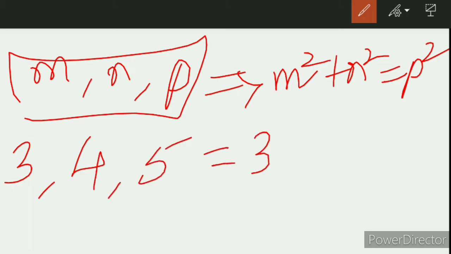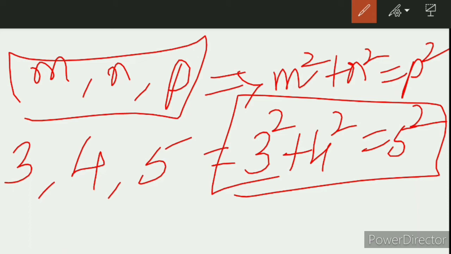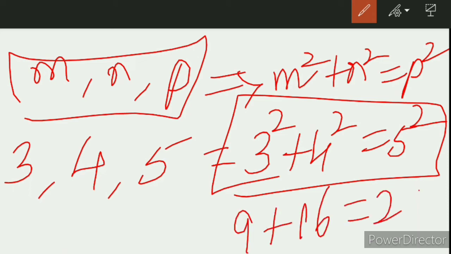That is 3 square plus 4 square equal to 5 square. Check it. 3 square is 9, 4 square is 16, that is equal to 25. 5 square is 25, both sides equal.